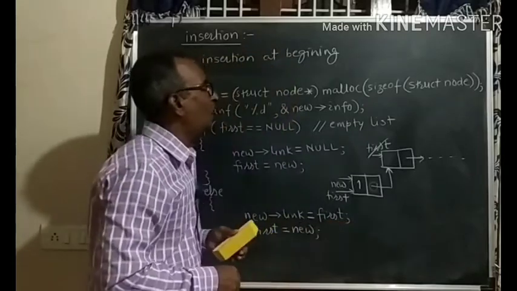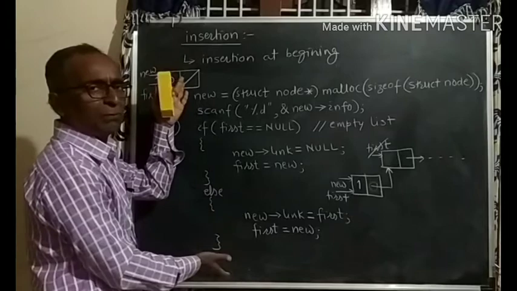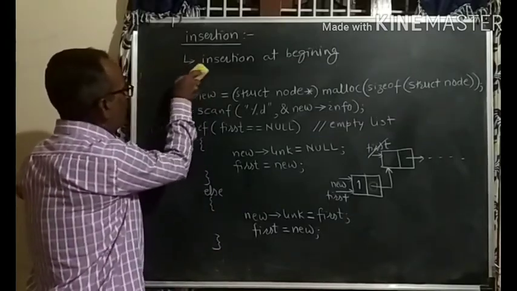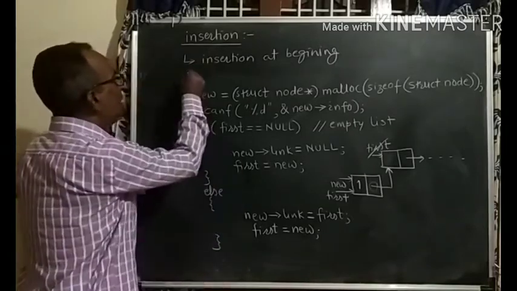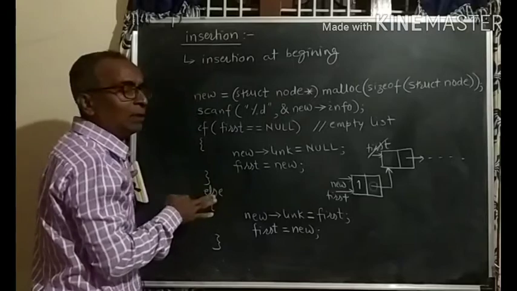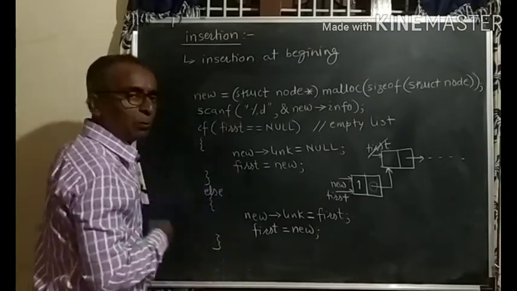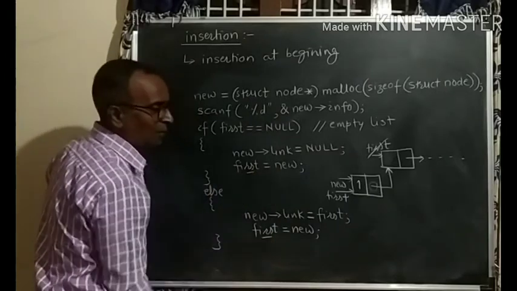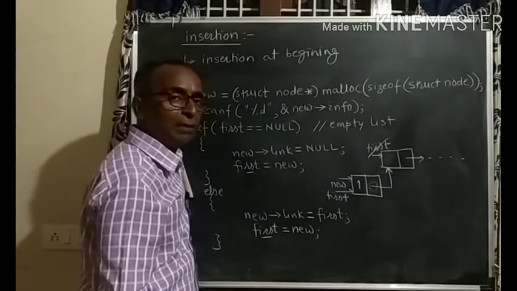Now whenever I am giving the first node's address, I can convert this into functions also. So what you have to think in this case is whether you are changing first in this particular program. Yes, first will be changed because you are adding at the beginning, so first will change definitely.